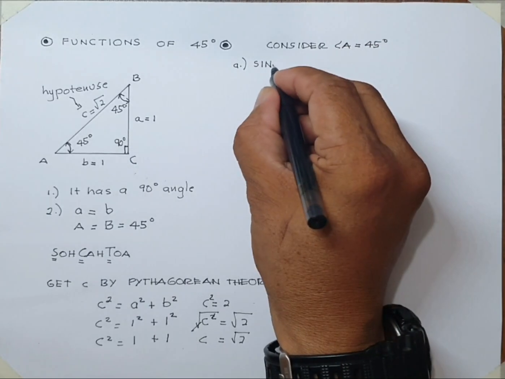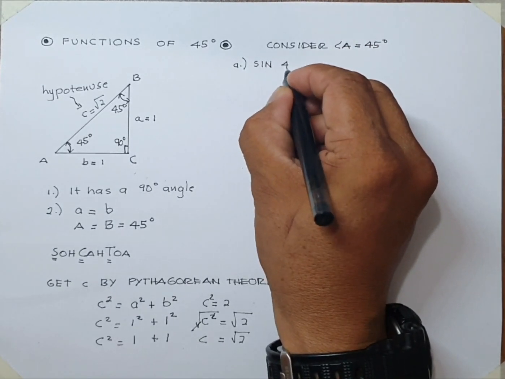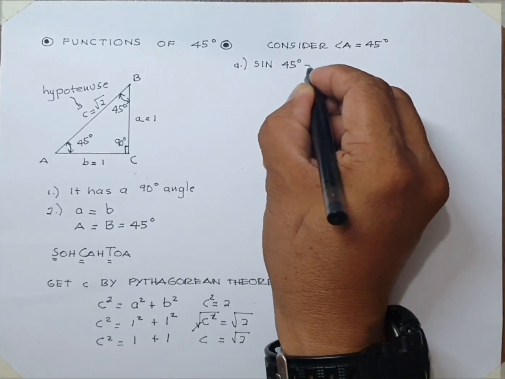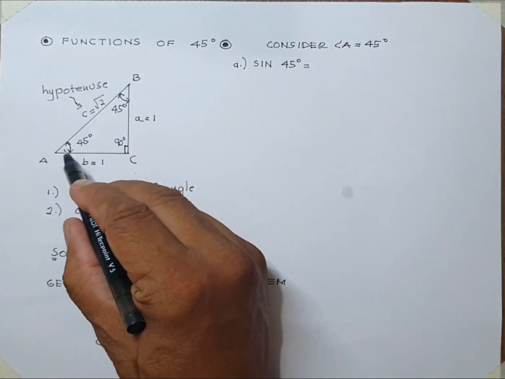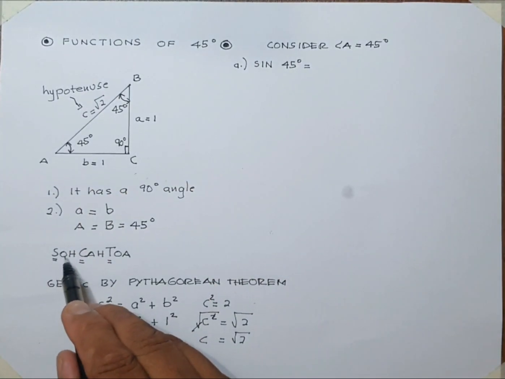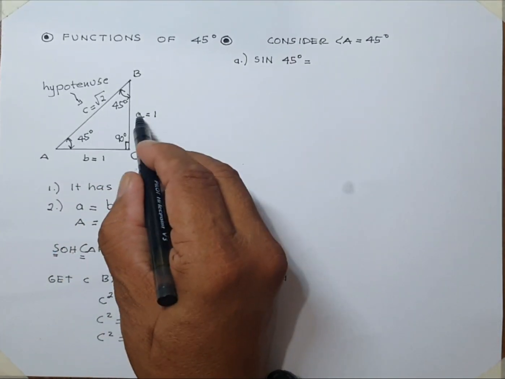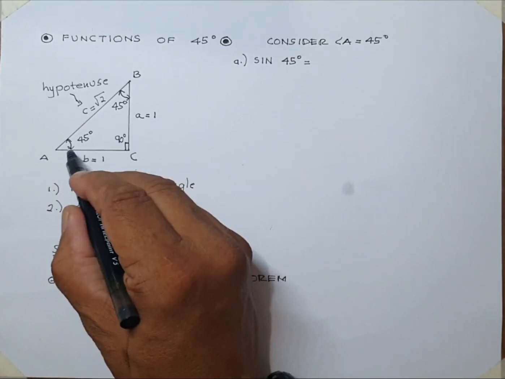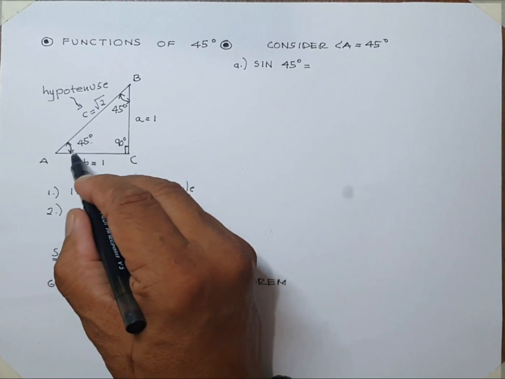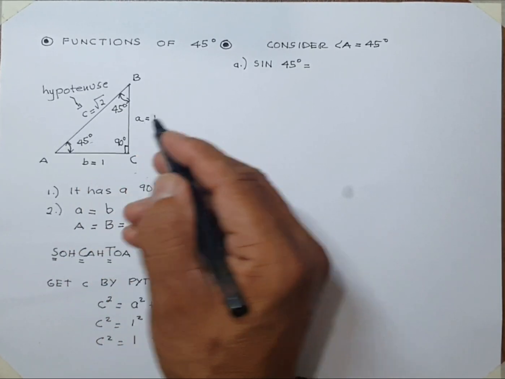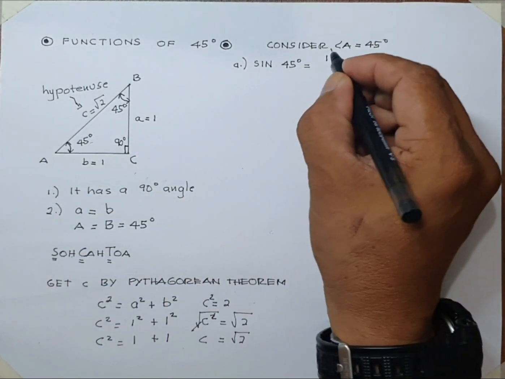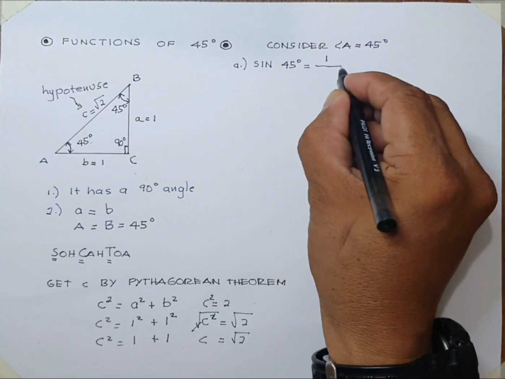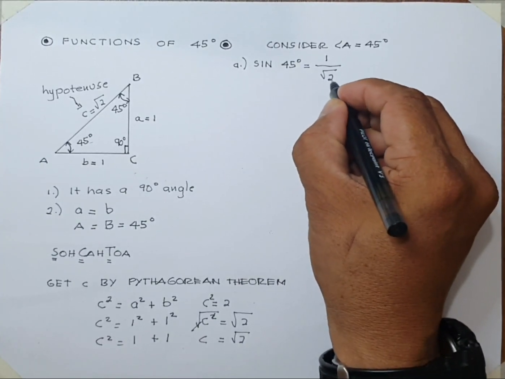So we say sine of angle A, or 45 degrees, is equal to, from SOH, opposite over hypotenuse. The opposite side of this 45 degree angle is 1. And the hypotenuse is square root of 2.